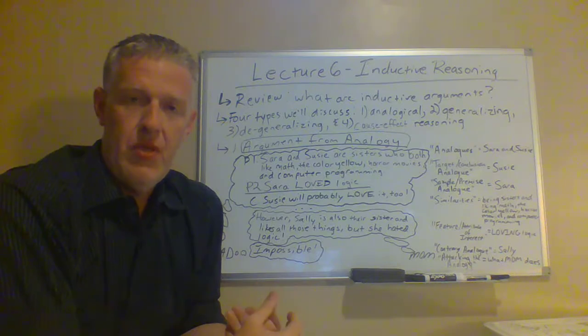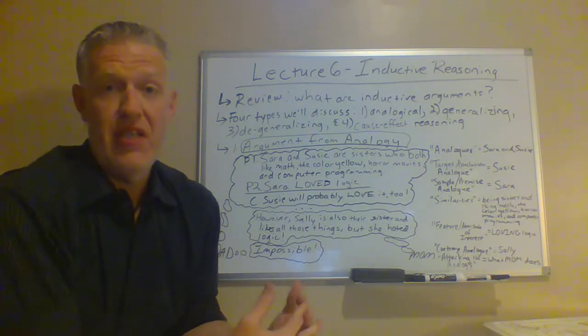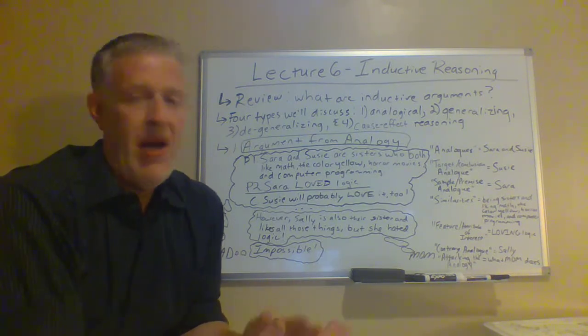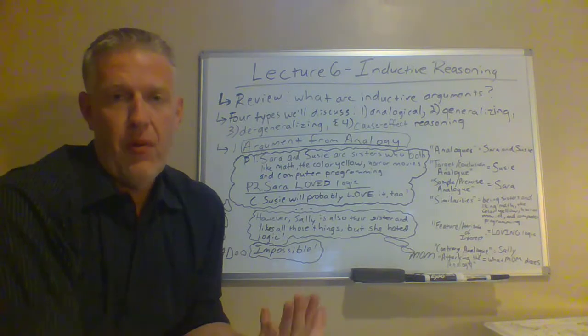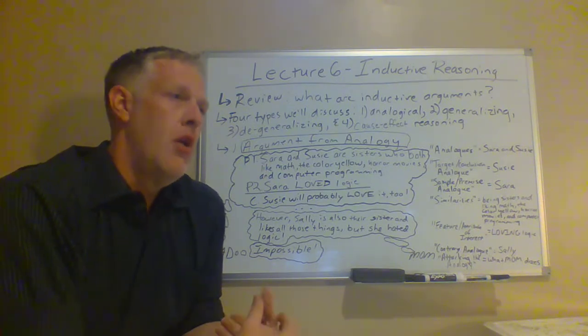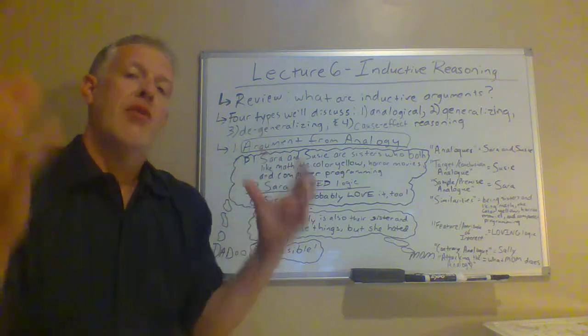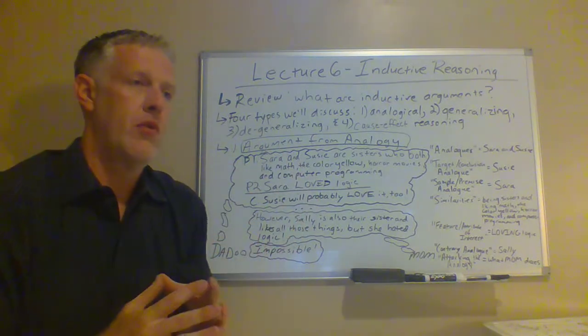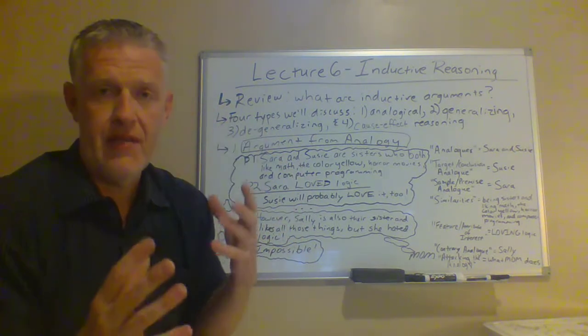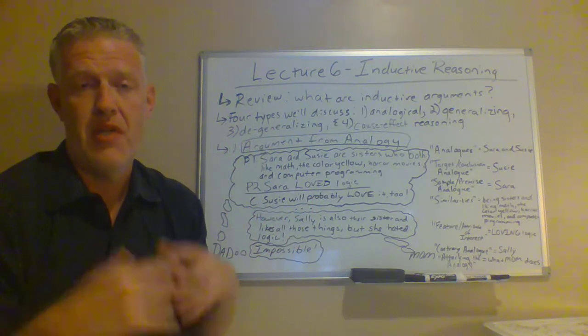The last two lectures we've been discussing deductive arguments in detail by way of our discussions of categorical logic and truth functional logic. In general, in this section 2 of the course, we are discussing arguments in much more detail.